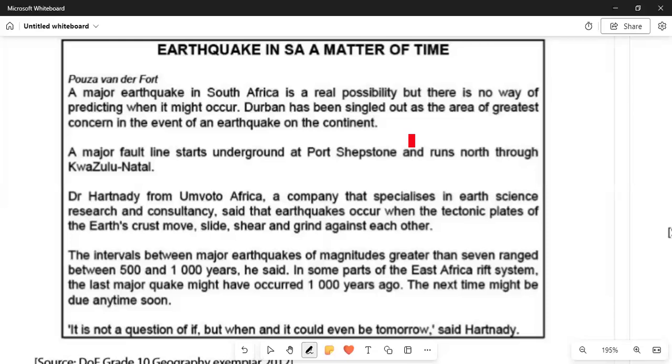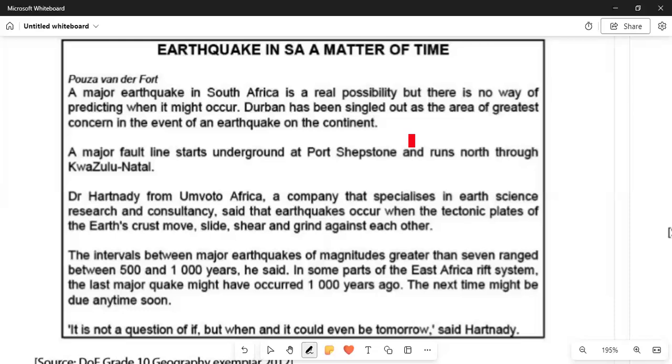Dr. Hanadi from Umvoto Africa, a company that specializes in earth science research and consultancy, said that earthquakes occur when the tectonic plates of the earth's crust move, slide, shear, and grind against each other. The intervals between major earthquakes of a magnitude greater than 7 ranged between 500 and 1,000 years, he said.